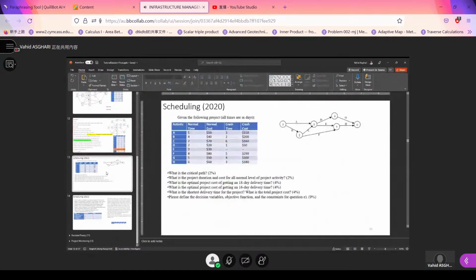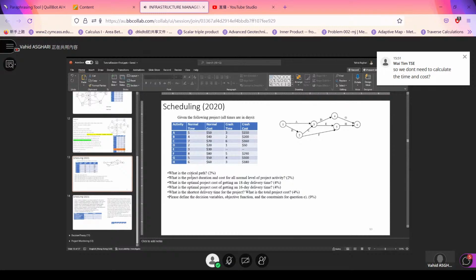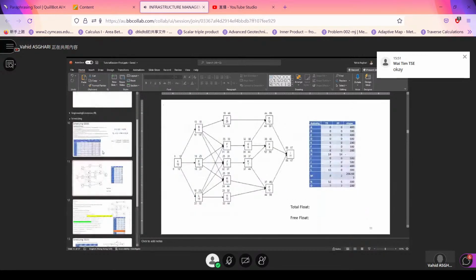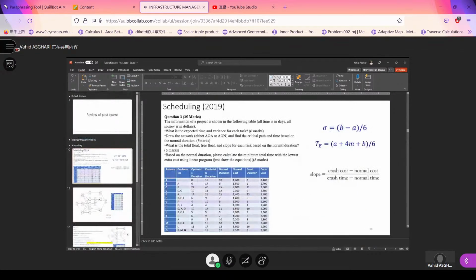After that, it's just basically putting it in the software and getting the result. No need to do that in the exam. You just need to show the equations. That's it.